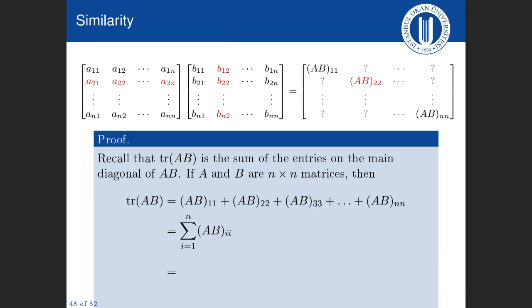Now, what we do when we multiply two matrices together is we do A21 multiplied by B12, plus A22 B22, plus A23 B32, and so on. So basically what we're doing is multiplying Aij by Bji for all j between 1 and n.